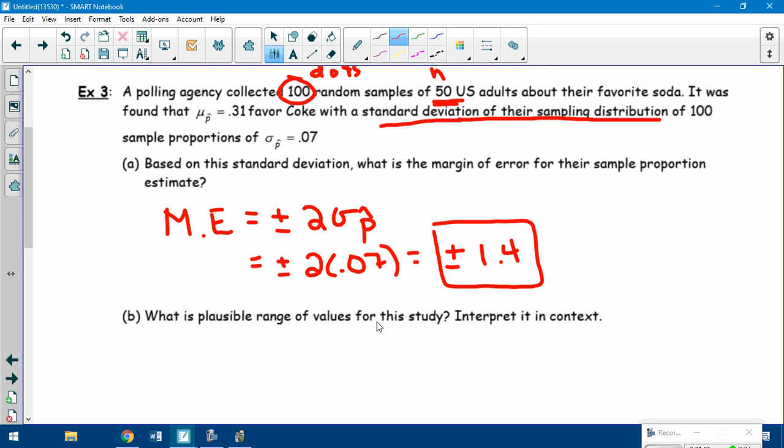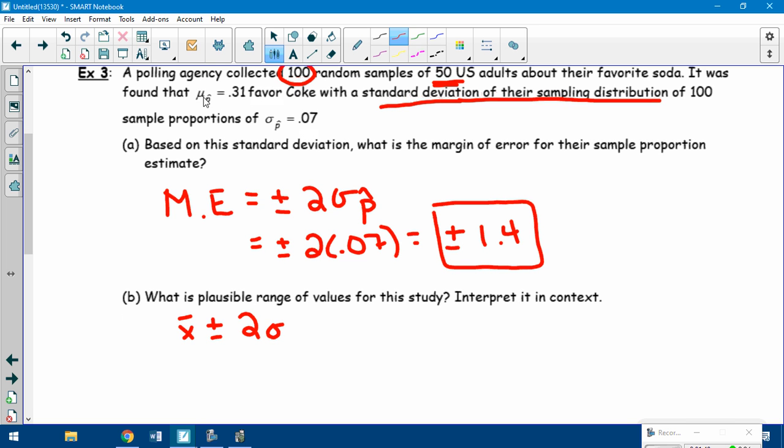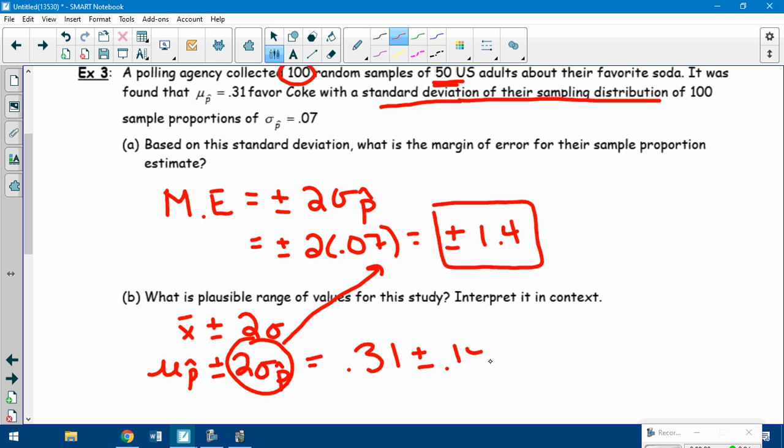What is the plausible range of values for this study? Plausible range, we take the mean plus or minus 2 standard deviations. Well, in this case, the mean is represented by this symbol. So it's the mean of all the p-hats plus or minus 2 standard deviations of the p-hats. So it's going to be 0.31 plus or minus, now this is what I just found up here, 0.14.